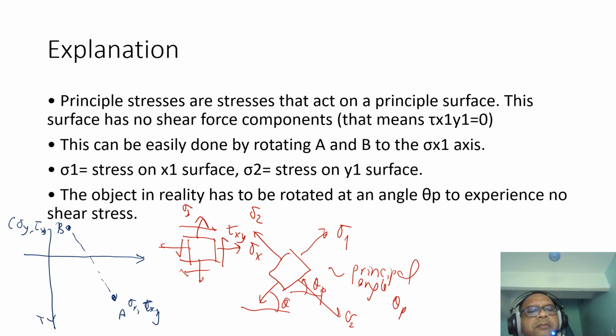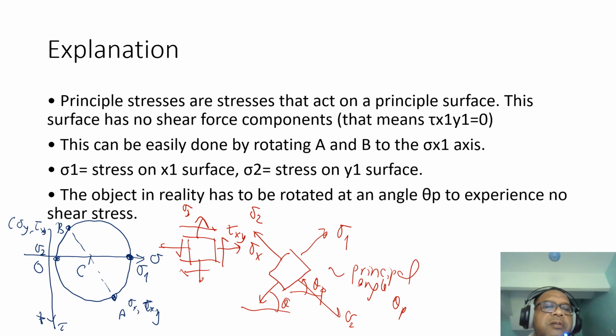This is positive downwards, tau against sigma. And this is your center C, OC, and you have your circle here. This is the position of stress 1 and stress 2, the maximum and minimum stress.